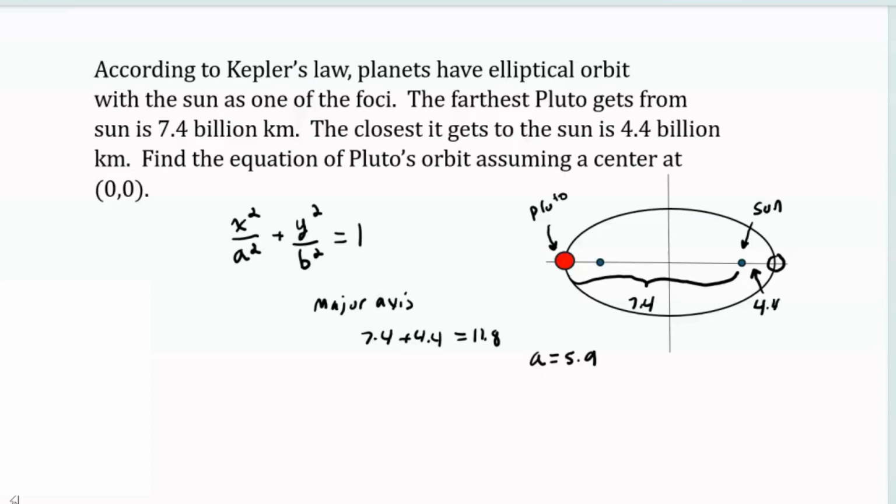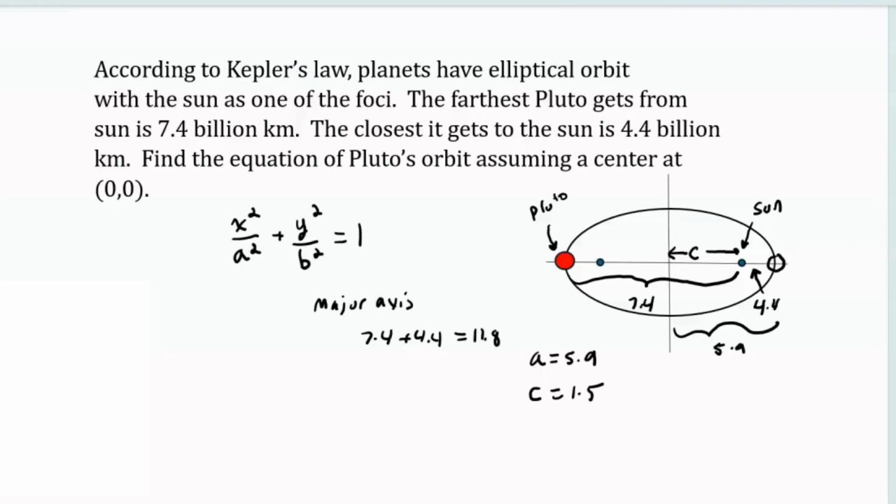The c value is this distance right here from the center to the focus. I know that this value is 5.9, so if I subtract 5.9 minus 4.4, I'm going to get c equals 1.5.